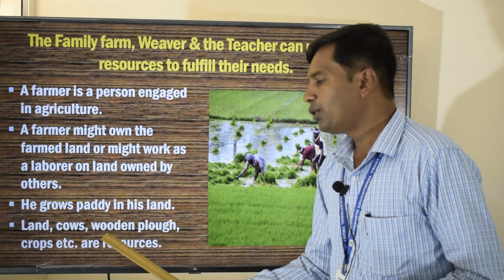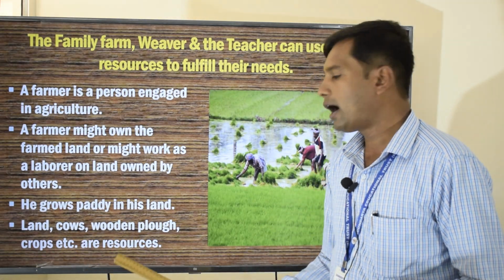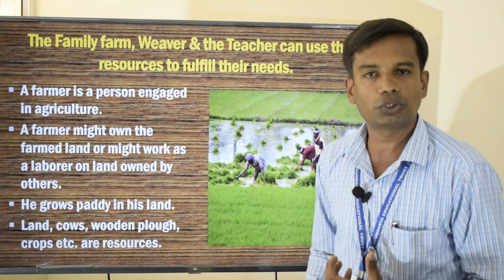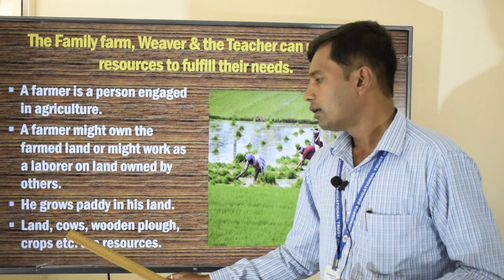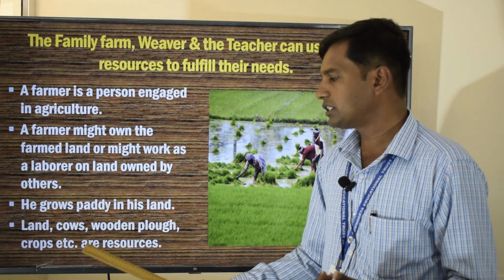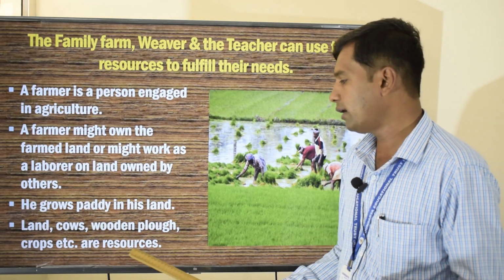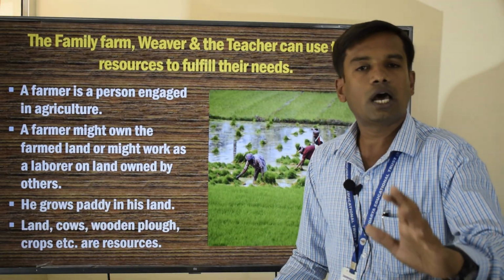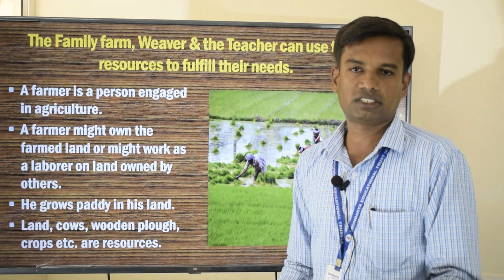Land, cows, wooden plough, crops, etc. are his resources. What are his main resources? Land, cows he uses in the agriculture process, wooden plough very important, and crops. These are his main resources.